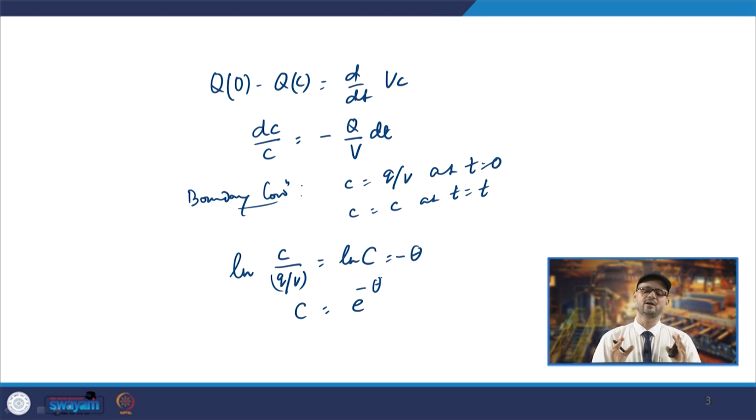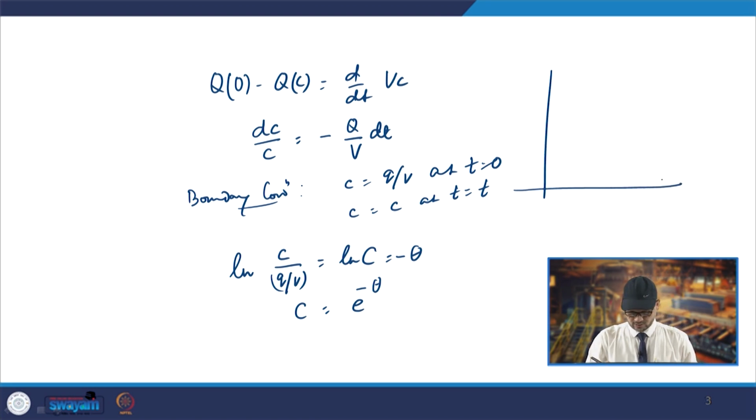For ideally mixed flow, if you take theta as 0, at time 0 you have concentration as 1, and as you move with time, the plot is an exponential decay type of curve.